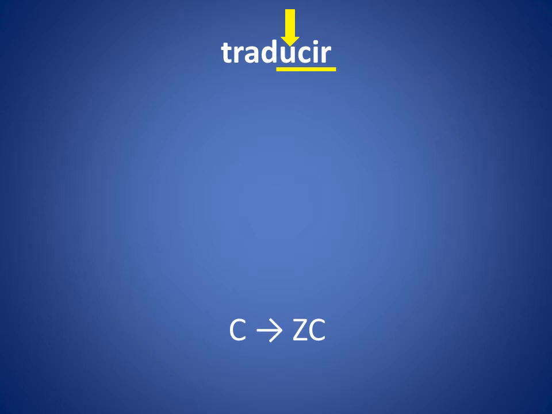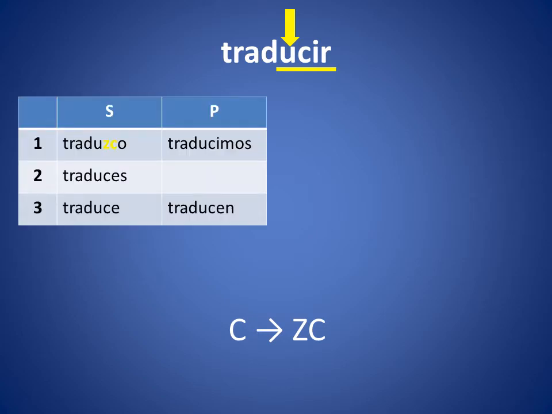So go ahead and pause the video and conjugate the verb traducir, very important verb for you learning Spanish, to translate. So go ahead and conjugate traducir in the simple present indicative and the simple present subjunctive. Use a verb sheet if you want, and then click play to check your answers.